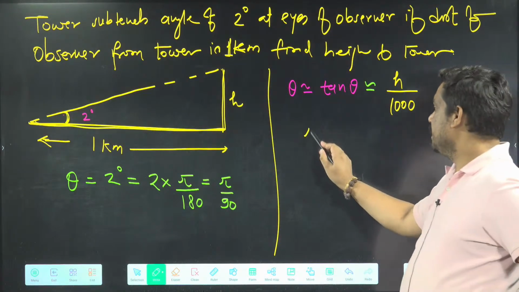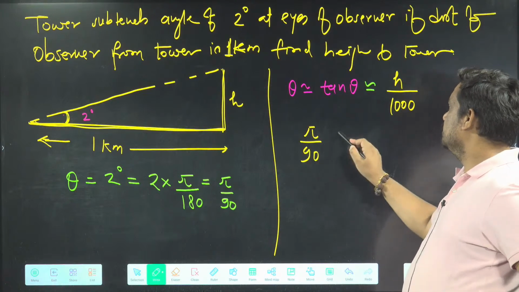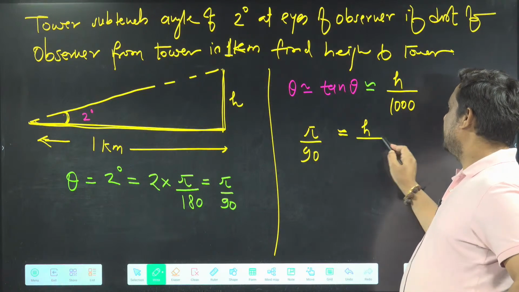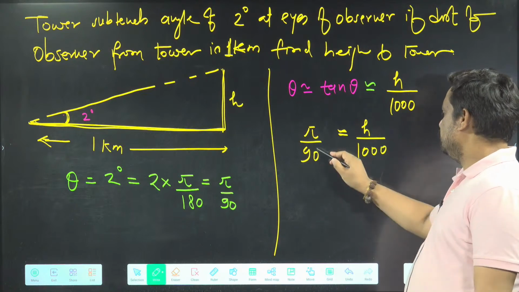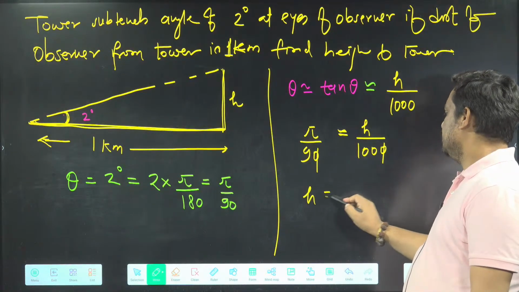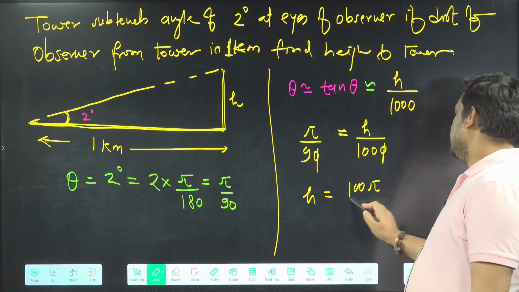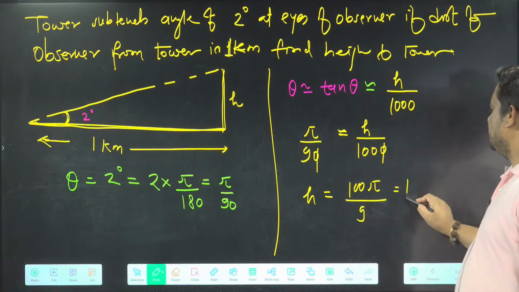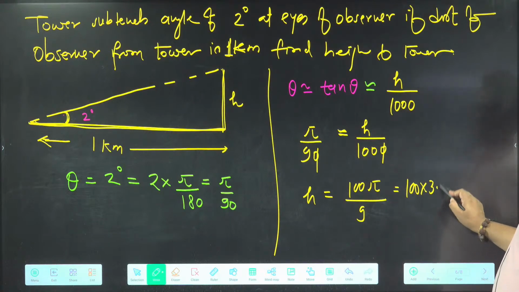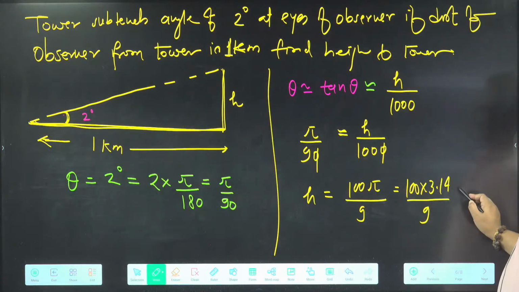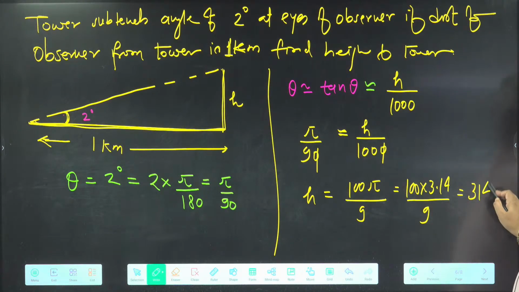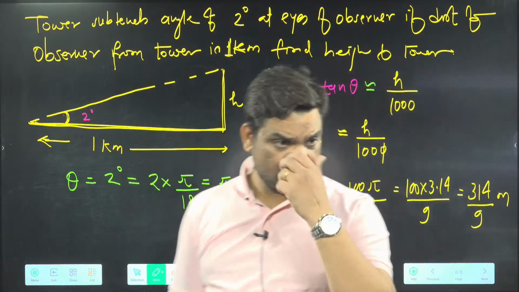So pi by 90 equals h by 1000. The zeros cancel, so h becomes 100 pi divided by 9. If you want to put in the value, then 100 into 3.14 divided by 9, which becomes 314 by 9, and then you can calculate.